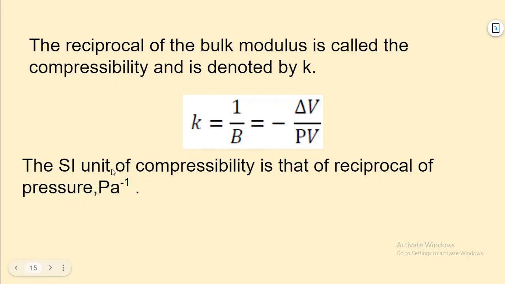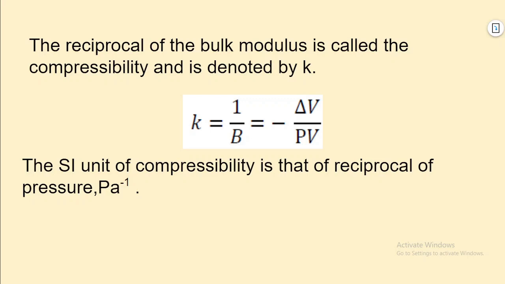That is relevant in the case of liquids and gases, and it is not significant in the case of solids because the particles are already tightly packed. The higher the value of the bulk modulus, the lower the compressibility. The lower the value of the bulk modulus, the higher the compressibility.